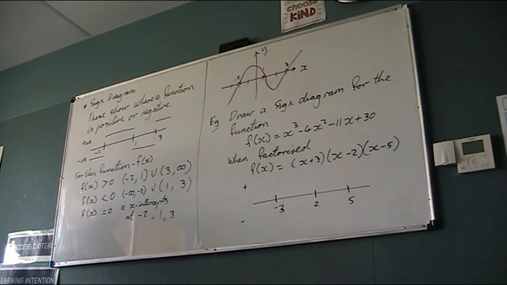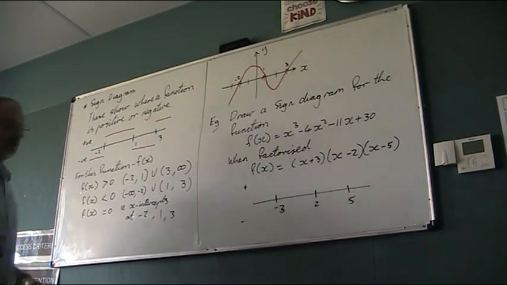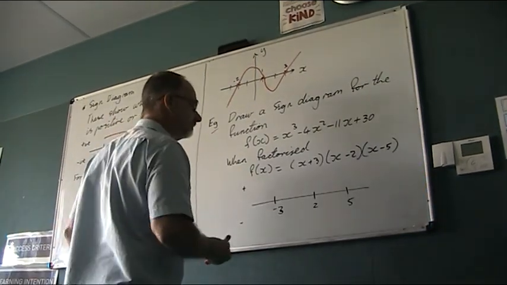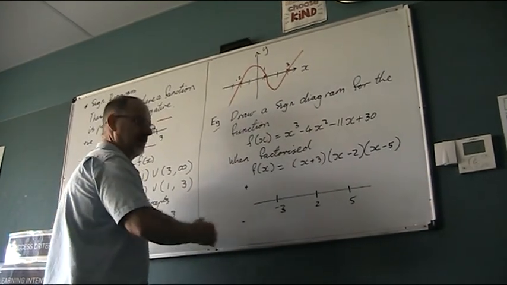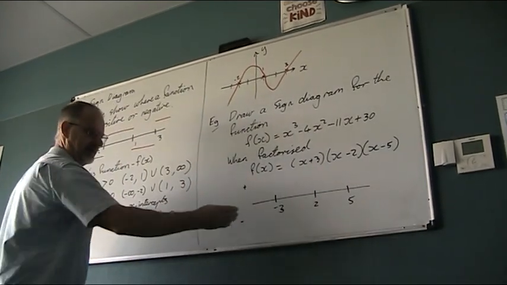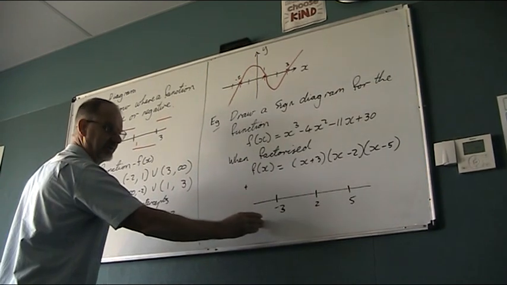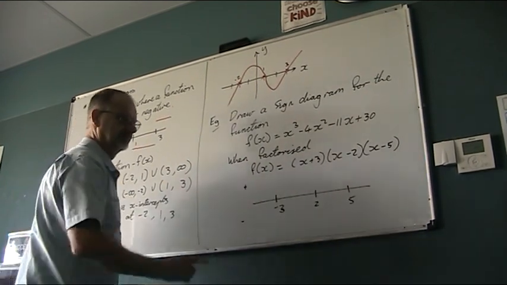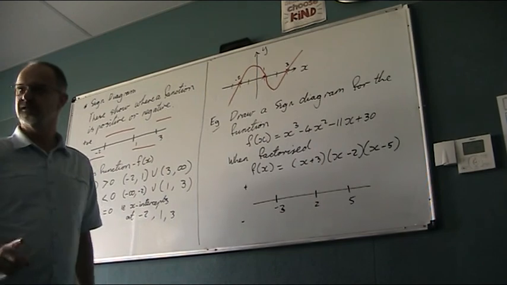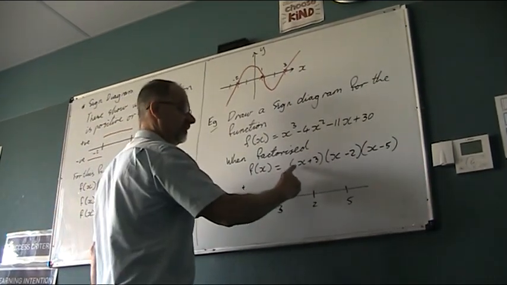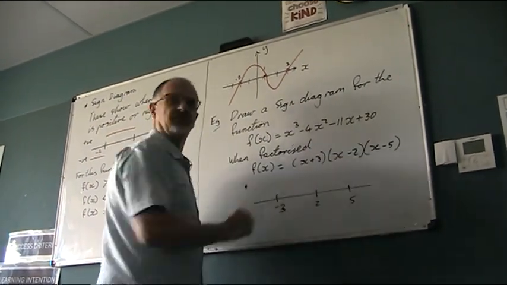Negative 3, 2 and 5. We know it's cubic. So the question is, down the left-hand end, does it start above or below? Below. Because it's positive. It's all positives there, isn't it?